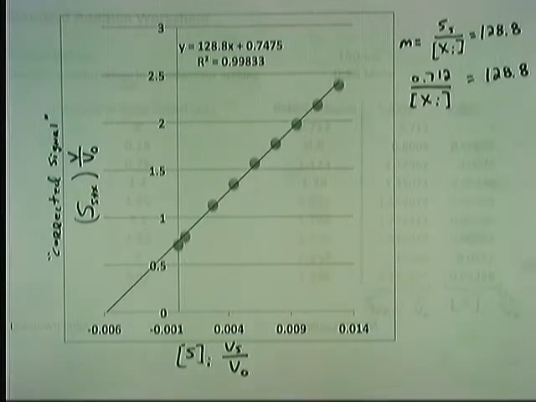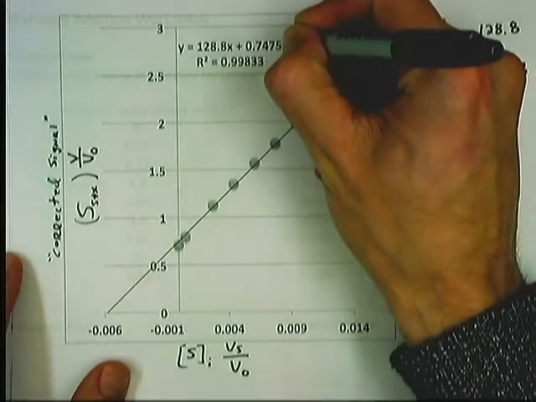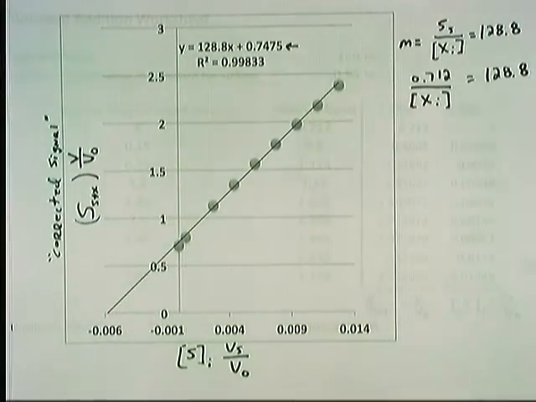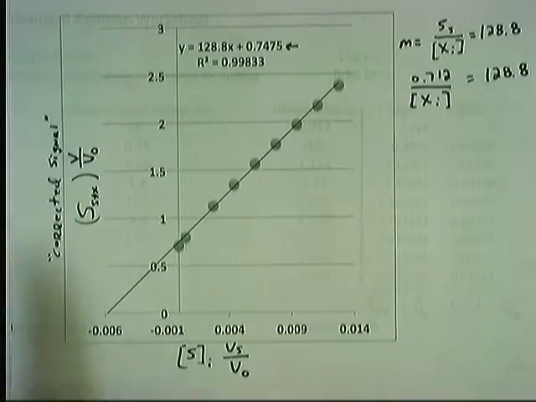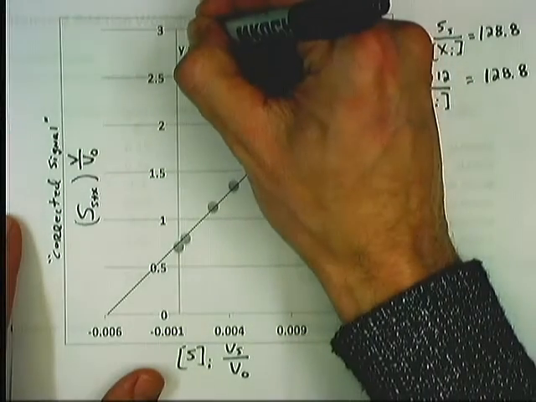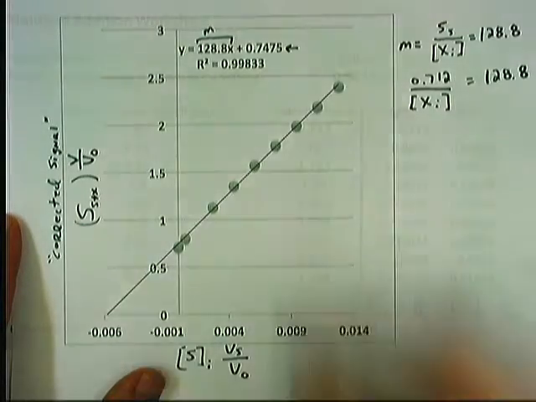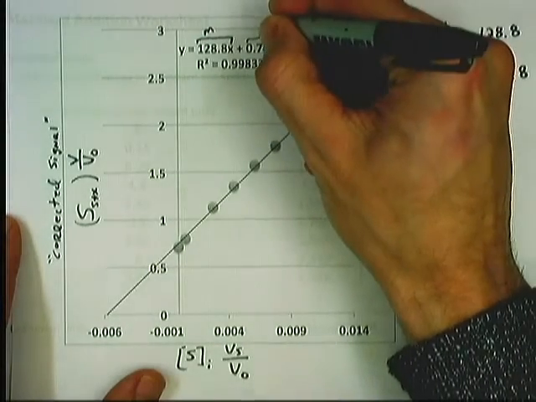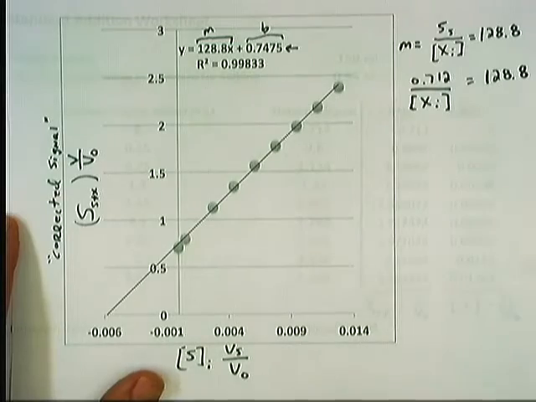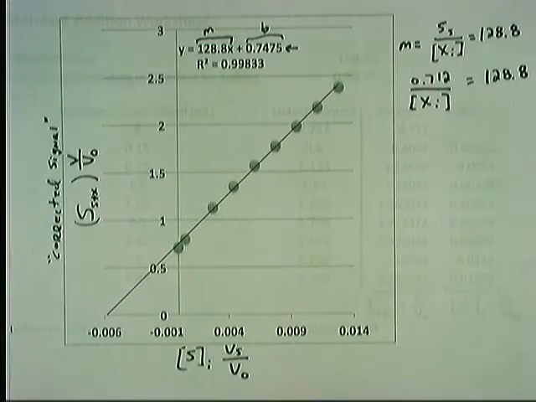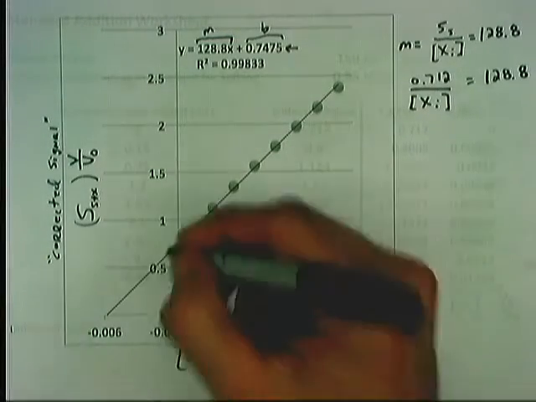And that process yields this equation of a line in y equals mx plus b form. Here, of course, my slope is my 128.8, and this 0.7475 is my b. It's my y-intercept, which is right about here, okay?